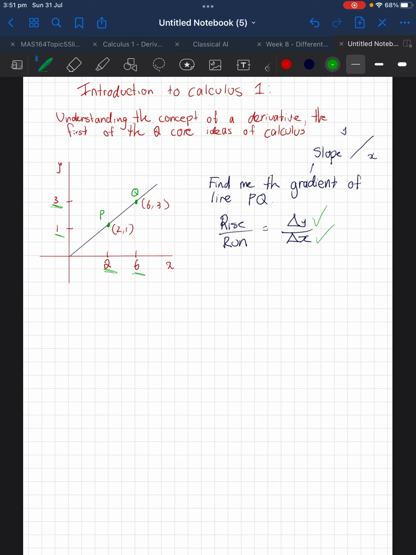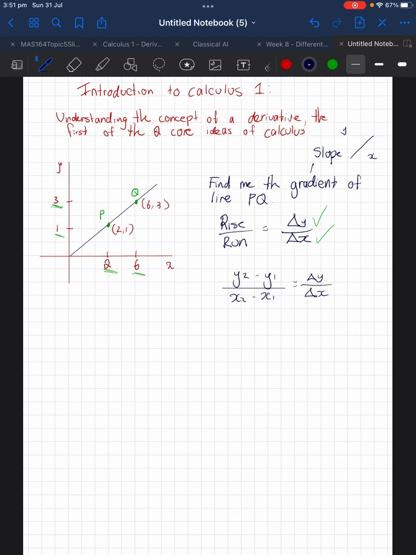Now, to find the difference between two numbers, you basically just take the smaller number away from the larger number, right? So a formula to get that is y2 minus y1 divided by x2 minus x1. So that's the difference in y over the difference in x.